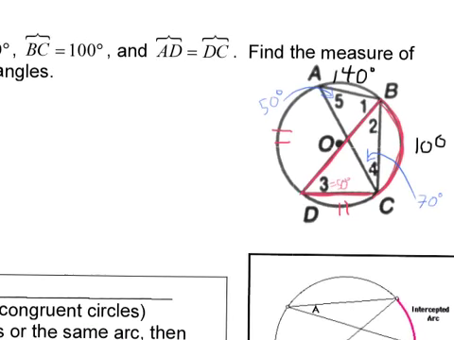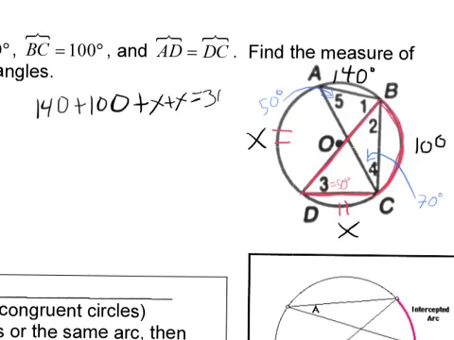All right. That's not a problem because I have 140 plus 100, which is this part over here. And then I have 2 parts that are equal. So I'm going to just call these parts x and x for the time being. And I know that all of those arcs have to add up to 360.